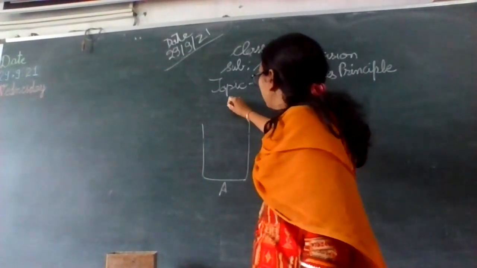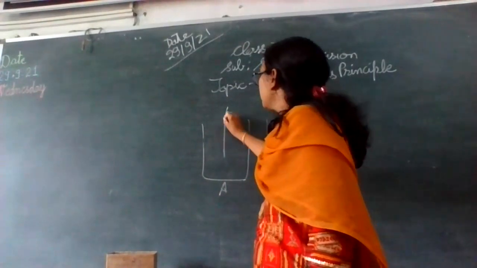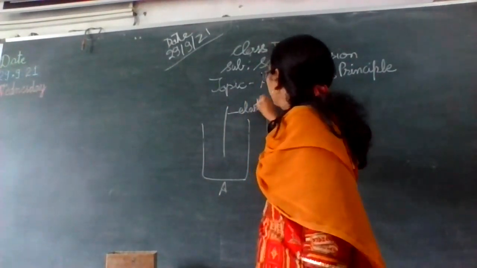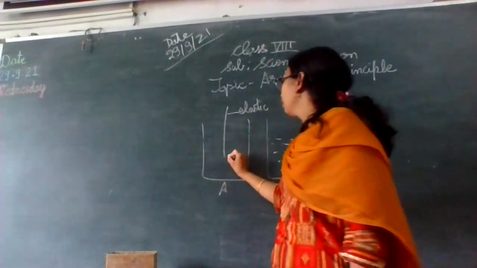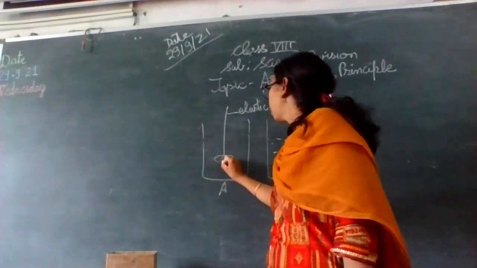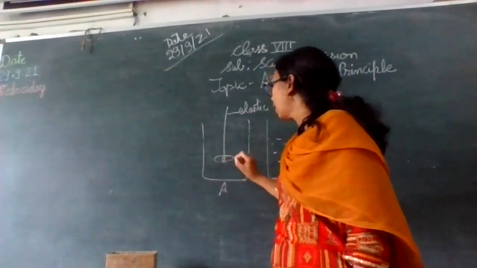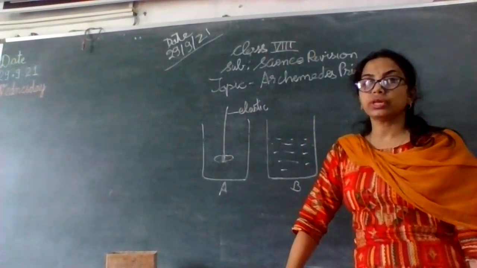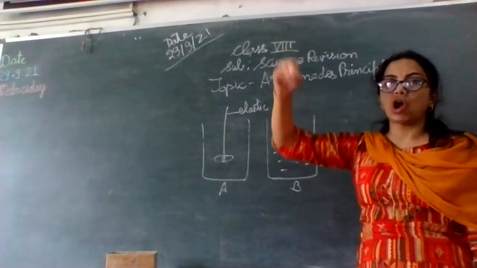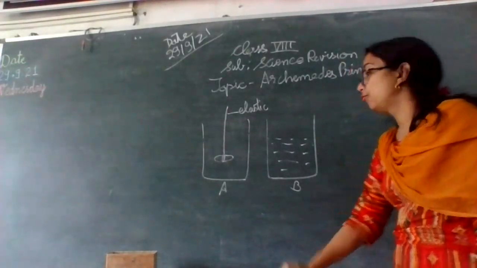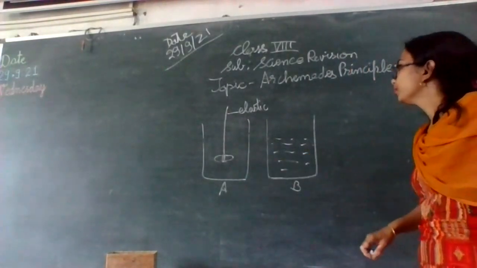Now I took one elastic string, a broken elastic I can take, and tied it with a stone like this, and I hold it. So you can see how long the elastic got stretched because of the weight of this stone.